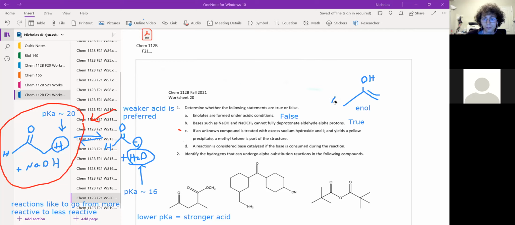So I'm going to erase this stuff. And just so you're aware, something like this would be considered a methyl ketone. I mean, both sides are methyl, so I guess I'll put another carbon here. But as long as there's at least one methyl group alpha to the ketone, it's a methyl ketone.